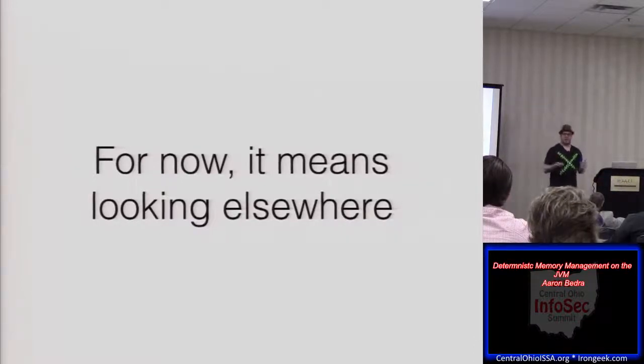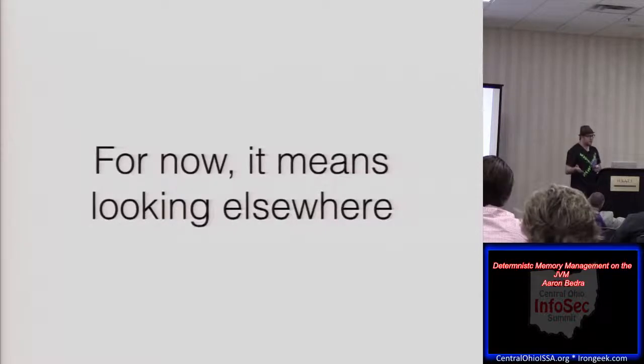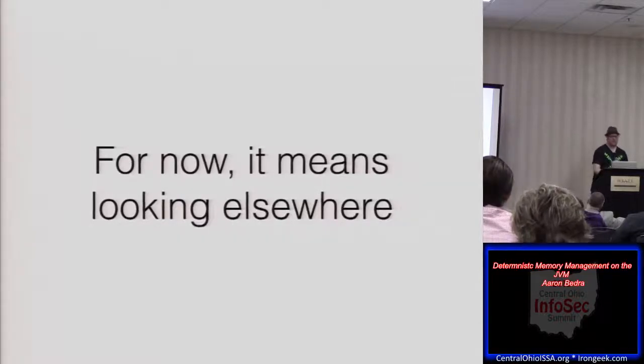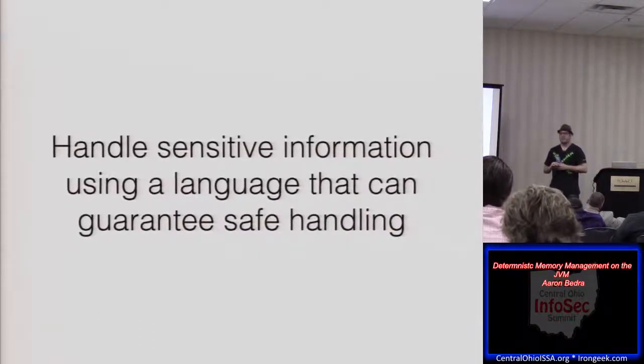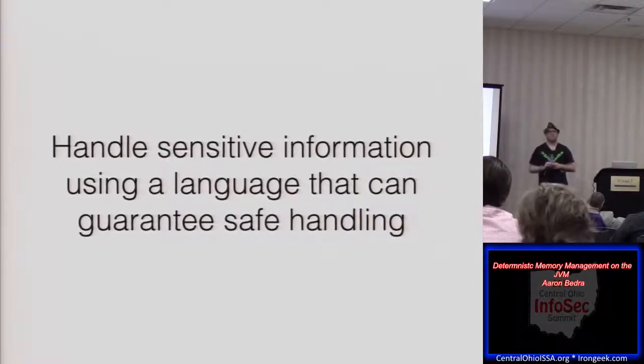And Go actually has some nice libraries for it. So it means looking elsewhere in the times where you have to handle sensitive information, right? It's guaranteeing safe handling of data, and it means being able to bend those rules. How many of you have thought about that or done that in general for the crypto?